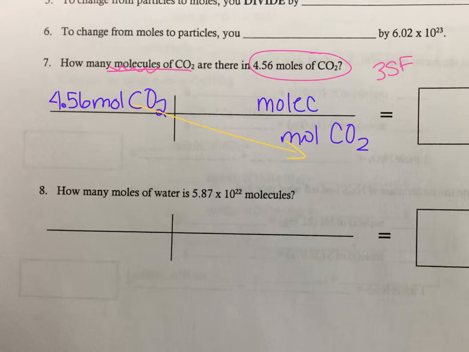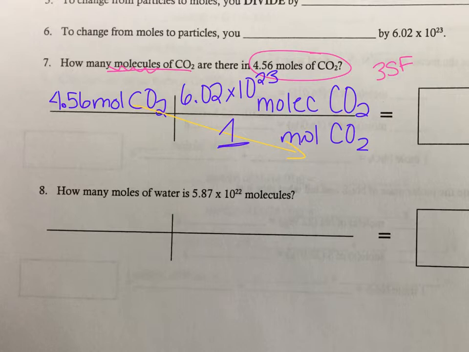I'm going to put molec, just so I don't have to write the whole thing. Okay? So now that we see that little relationship, that's 1 mole. And what goes on top? Avogadro's number. Good. Okay. Awesome. So this is a multiplication. Okay? So go ahead and type that in.